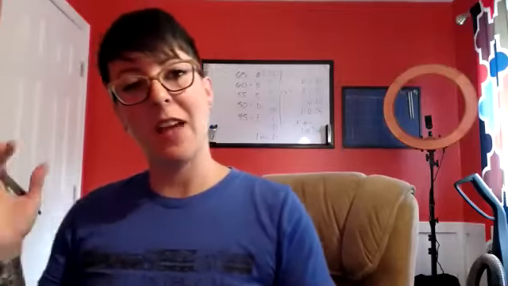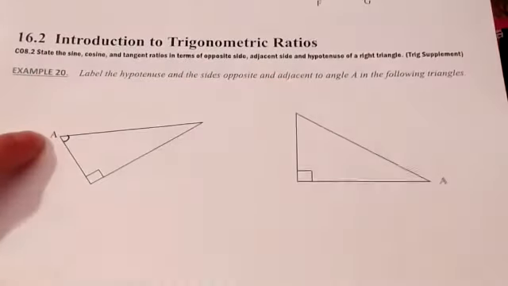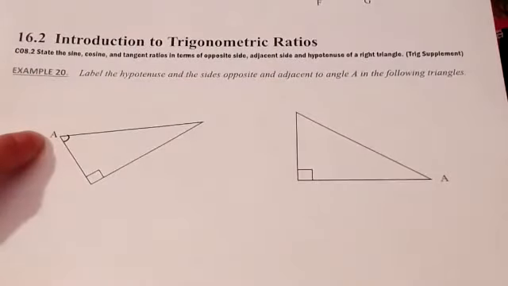The good thing about the hypotenuse is that it doesn't matter where you are in your triangle, the hypotenuse will always be the hypotenuse. But in terms of adjacent or opposite, that's different. It depends on your location. So let me show you what I mean. We're being asked to use angle A as our viewpoint, right?